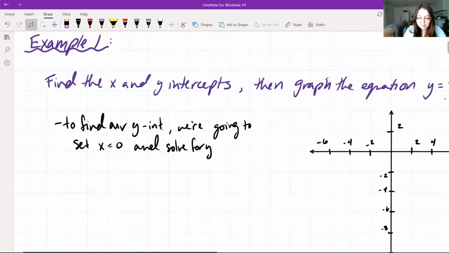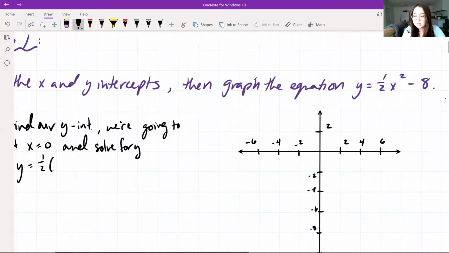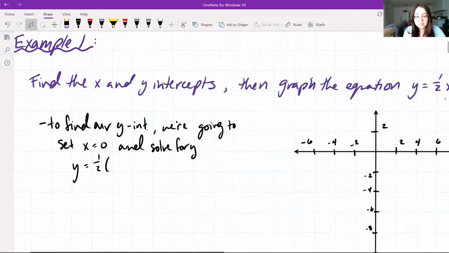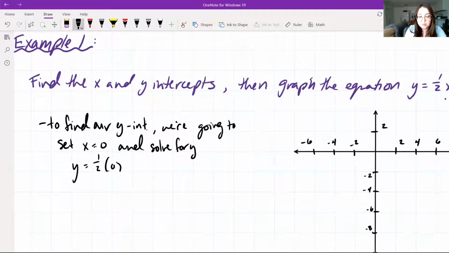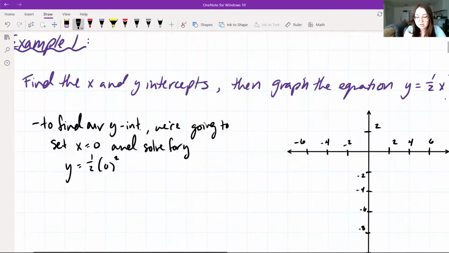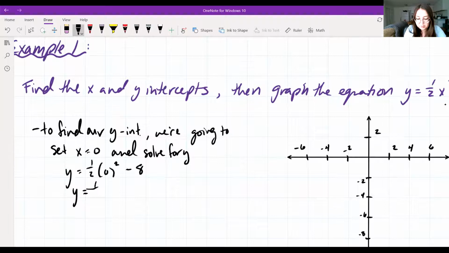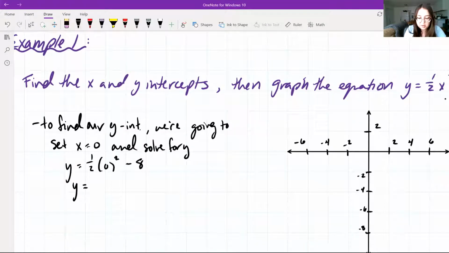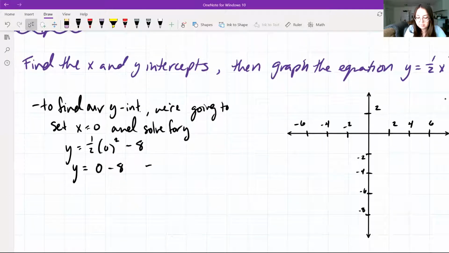So in this case, since our equation is y is equal to 1/2 times x squared minus 8, and since we're setting x equal to 0, this will be 0 squared minus 8. This is going to give us y is equal to 1/2 times 0, which is just going to be 0, minus 8. So we get that y is equal to -8.